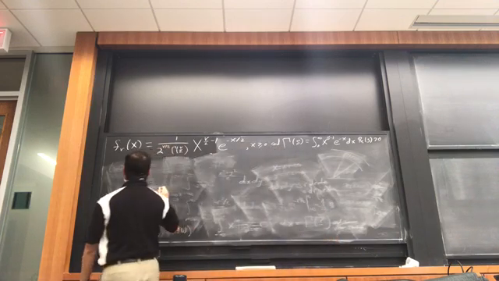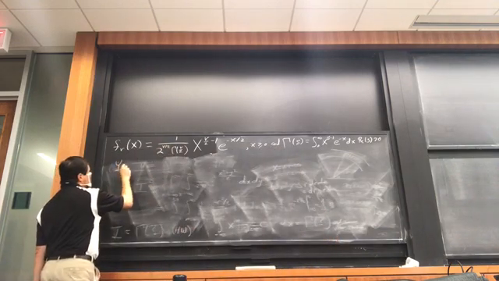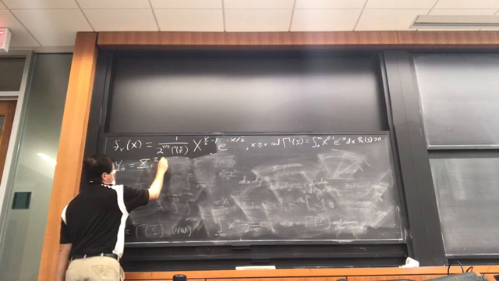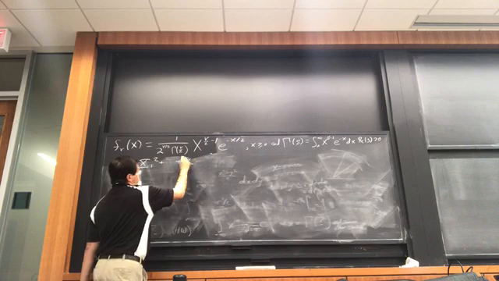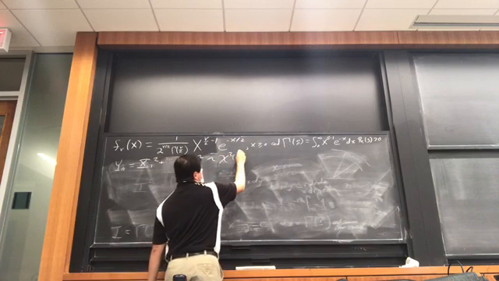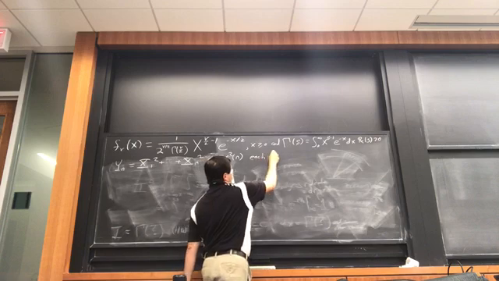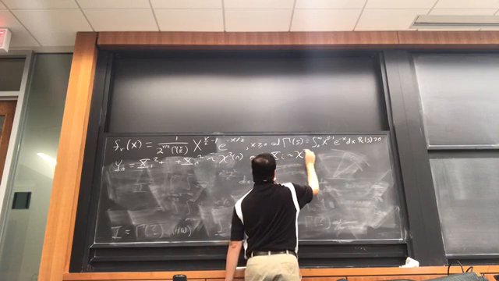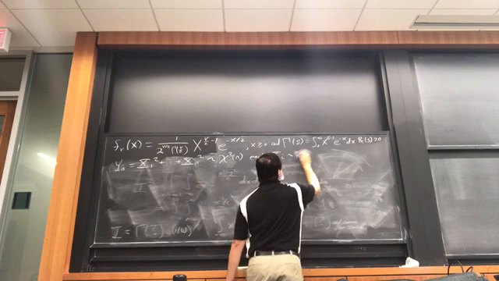So let y, or y sub n, be x1 squared plus ... plus xn squared. That's going to be chi-squared with n degrees of freedom. Each x_i is standard normal.